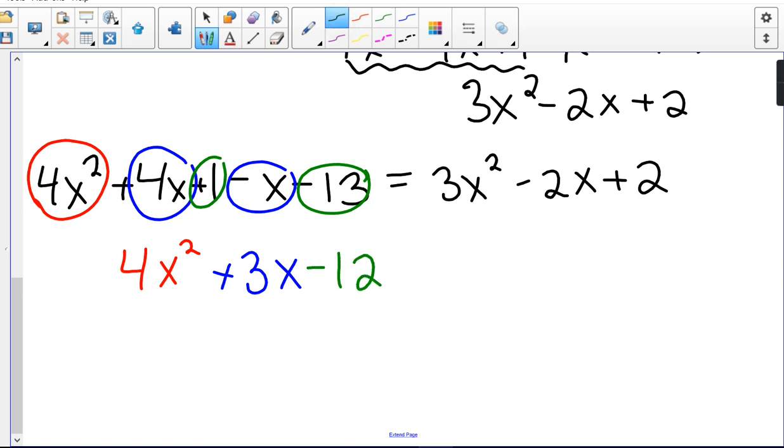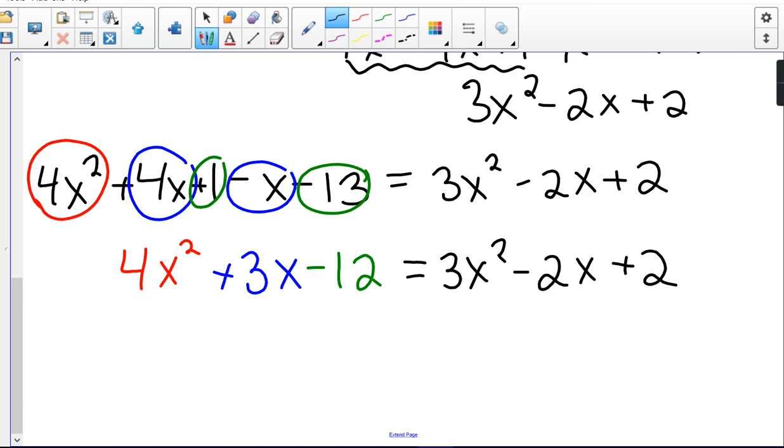So we're now finished simplifying the left side. The right side was already simplified to begin with. It was always just a polynomial in standard form, a quadratic expression in standard form. So the next thing that we wanted to do was to bring over all of those terms to one side.